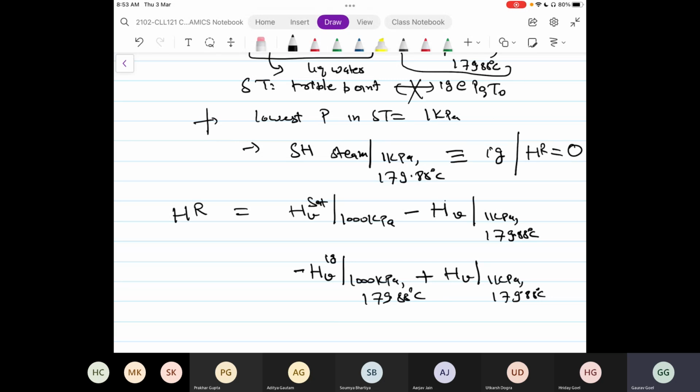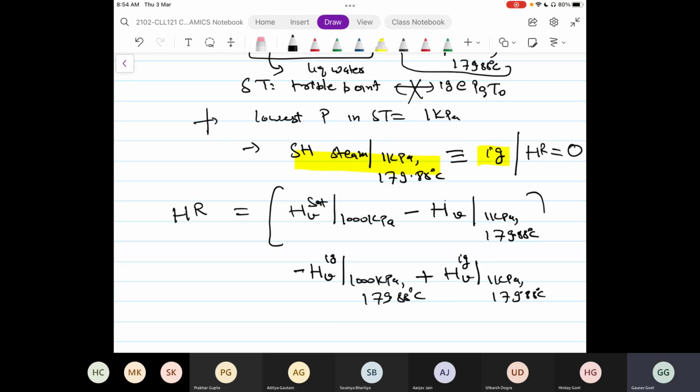Okay, now I use my assumption that superheated steam at 1 kilopascal and 179.88 degrees Celsius is essentially an ideal gas. So therefore, in the second instance of HV, I put IG. All right.